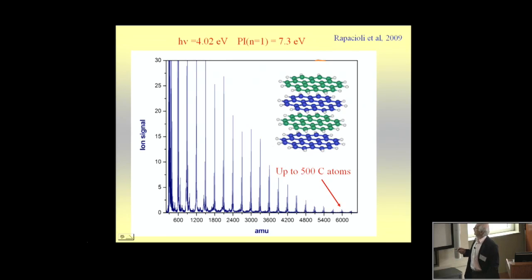And when you are here, you have an object which contains not less than 500 carbon atoms, which is very large, and whether this object holds by itself, like between graphene sheets in graphite.